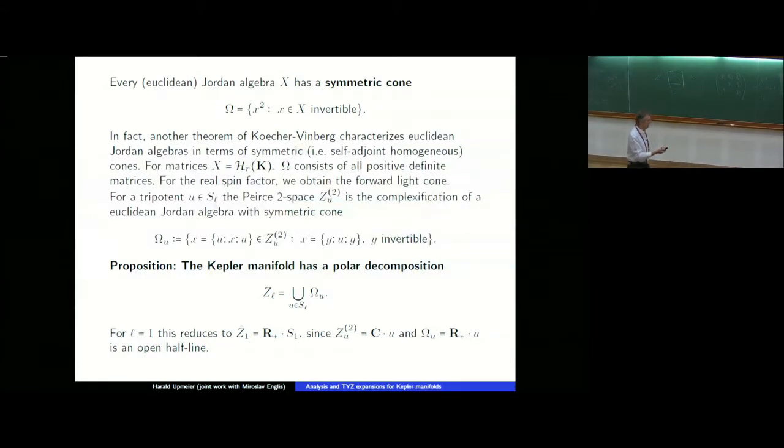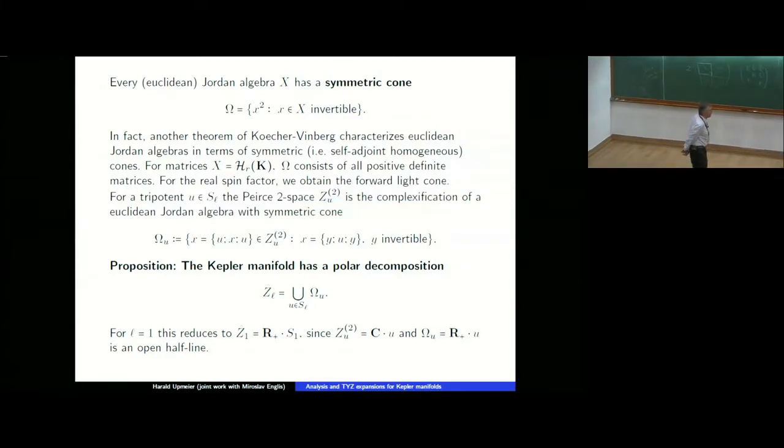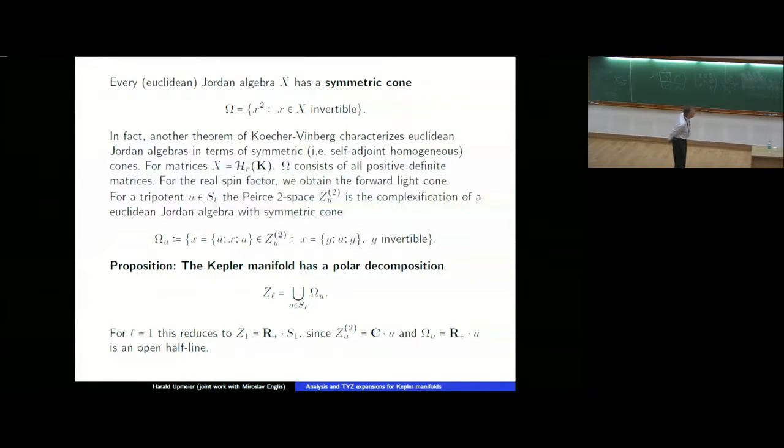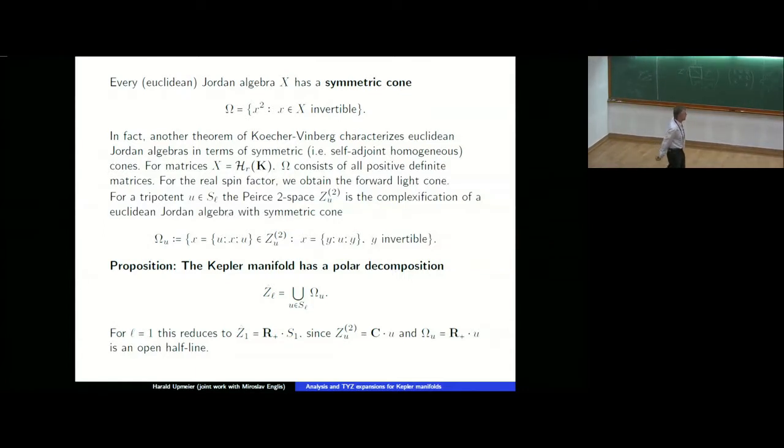And the proposition is: the Kepler manifold has a polar decomposition where the base is the tripotents and the fiber is the cone. That replaces the polar decomposition that I had before, where the base was S1, the minimal tripotents, and the fiber was a half line. So the half line is now replaced by a symmetric cone. A half line is of course a cone of dimension 1, or of rank 1.